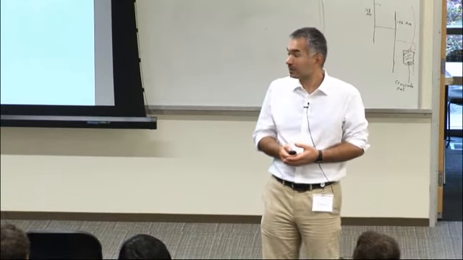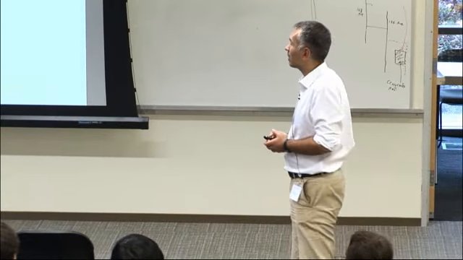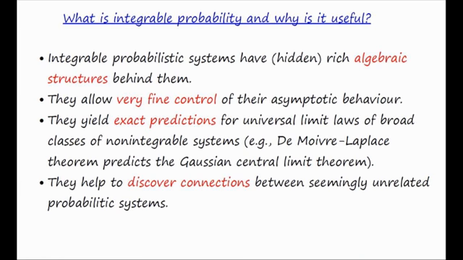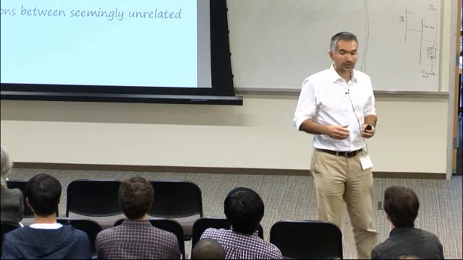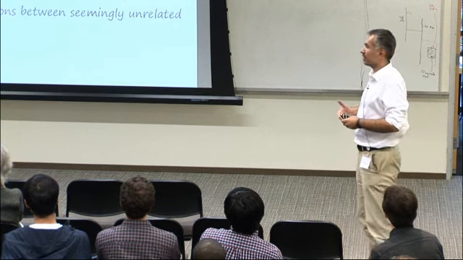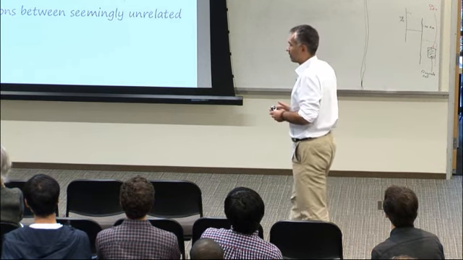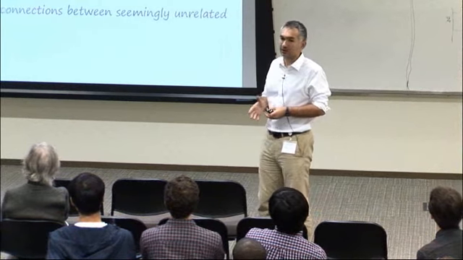And let me first say a couple of words about the term integrable probability. It's not such a common thing. It was coined a few years back, and the idea behind it was to have a term for a bunch of probabilistic models where the analysis of the models heavily relies on algebra.